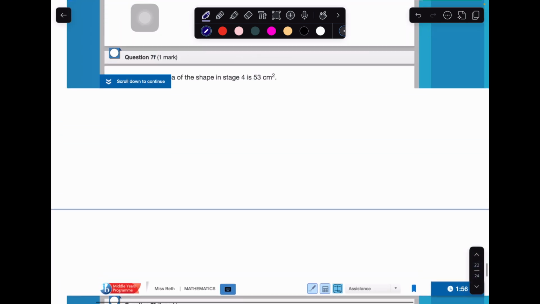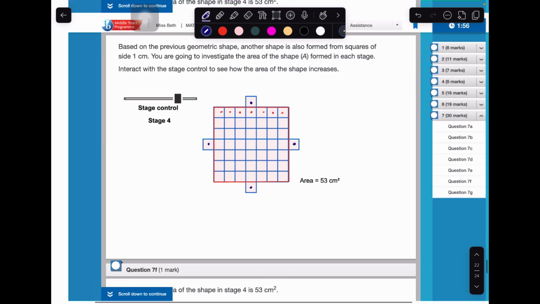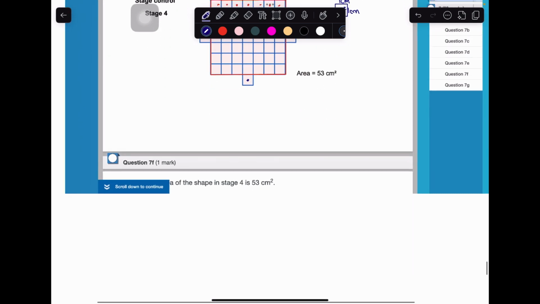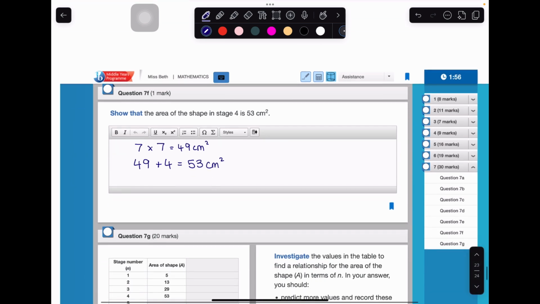Just to elaborate a little bit more, these smaller squares are 1 by 1, 1 centimeter by 1 centimeter, so they would have an area of 1 centimeter squared. So that's where the 4 comes from if you were unsure.